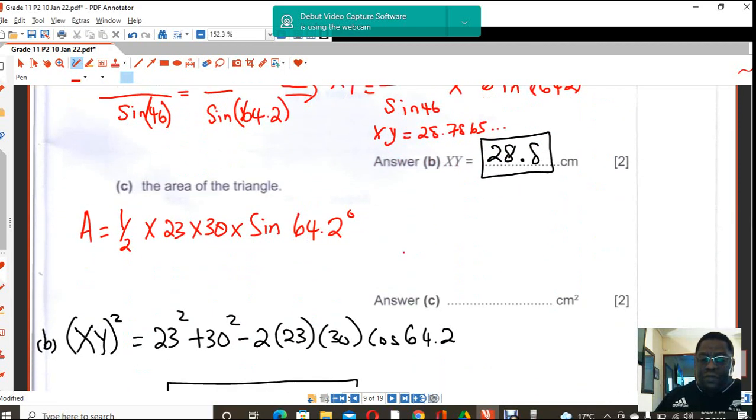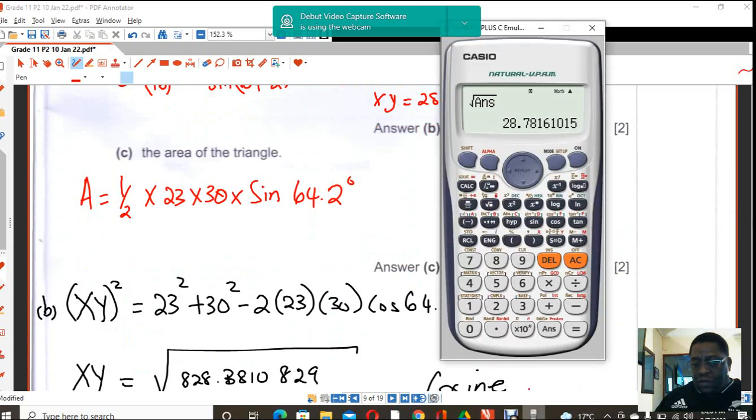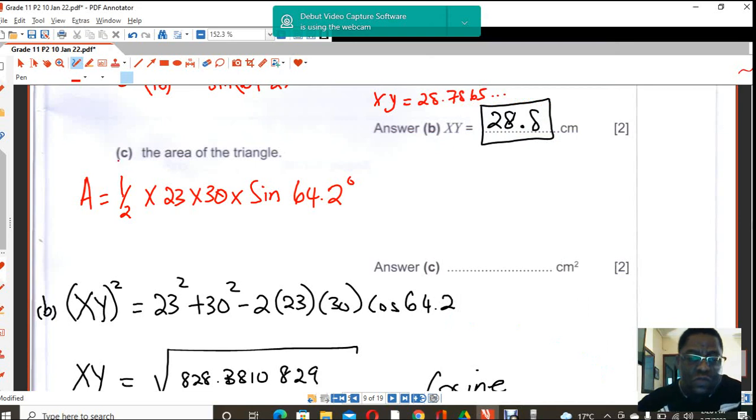Right? Hope you are familiar with that formula to calculate the area of a non-90 degree triangle. So it's 1 over 2 times 30 times 23 times the sine of 64.2. That gives you 310.60997.